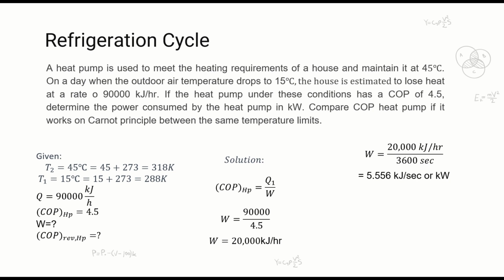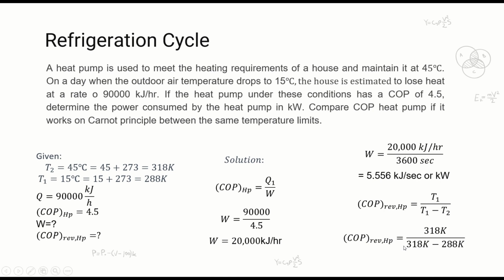Now let's proceed to solving for COP. The formula that we will be using here is COP of reversible HP equals T2 over temperature 2 minus temperature 1. So let us substitute the temperatures. For the numerator, we have 318 Kelvin, and for the denominator, we have 318 Kelvin minus 288.